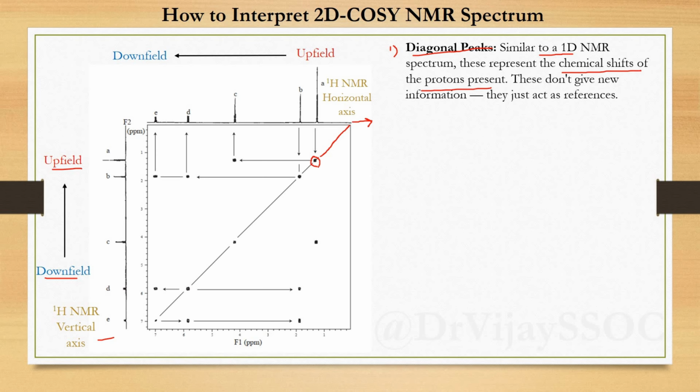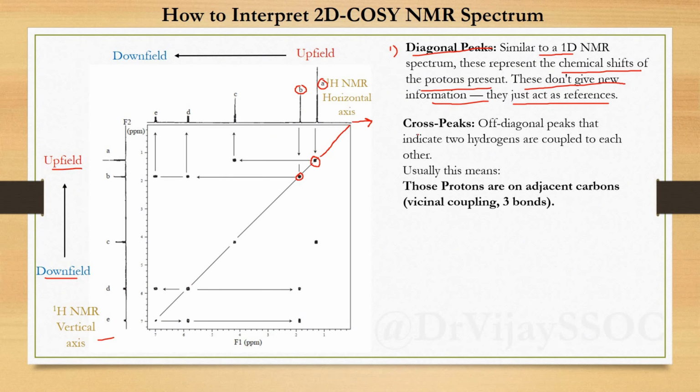So this peak corresponds to proton A, and this peak corresponds to proton B, and so on. These don't give information, so they just act as a reference.